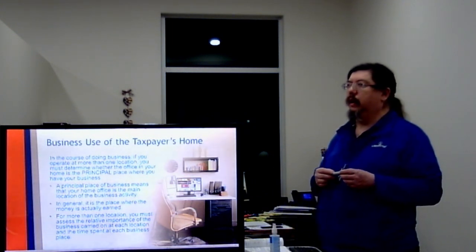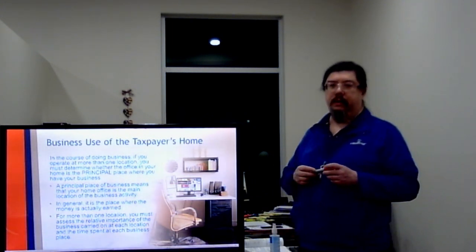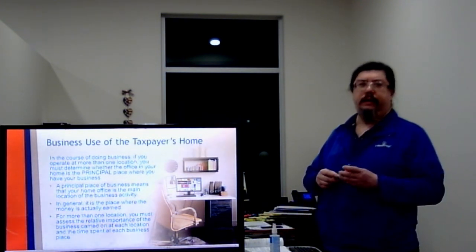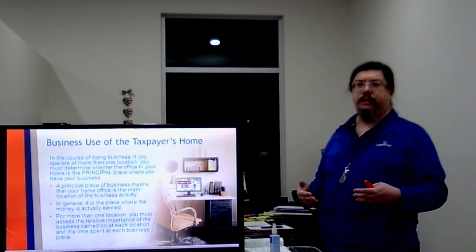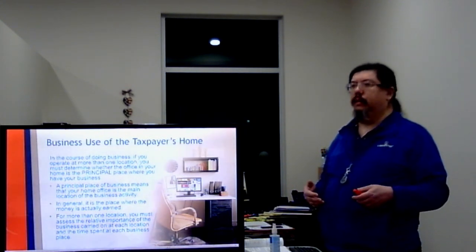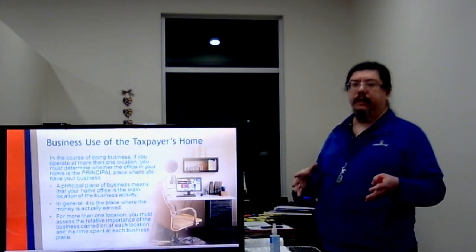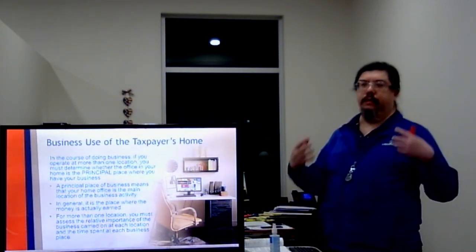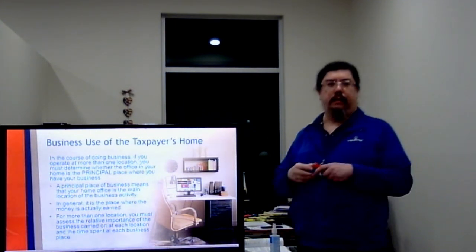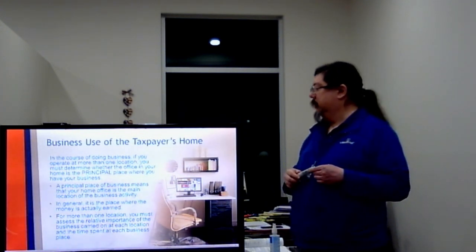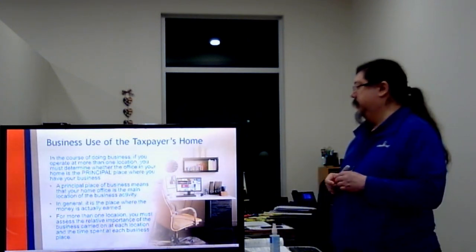So let's say you were a house painter, you make most of your money at your customers' homes. So even though you're making most of your money outside the home, the only place you have to store your paints and your ladder and your drop cloths and all of your other equipment and supplies is at home. So that would make your home your principal place of business.